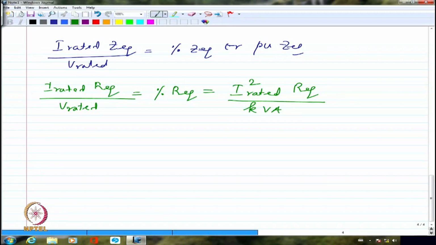At rated condition, the ohmic losses were so much percentage of the overall kVA rating. It was given. The rated copper losses were 5%, 2% of the rated kVA. That means essentially R equivalent is 2%. That's all. Right? The same way, I should be able to write I rated times X equivalent divided by V rated will be equal to percentage X equivalent.